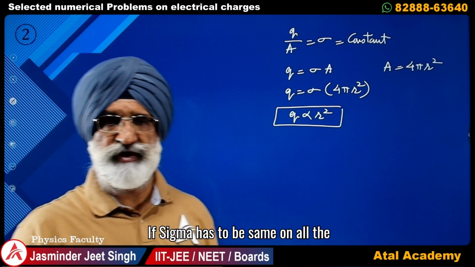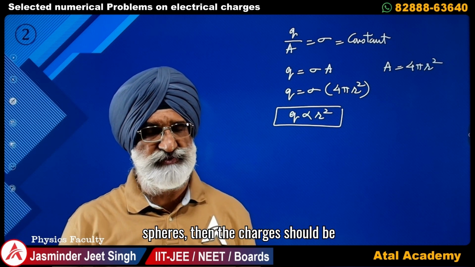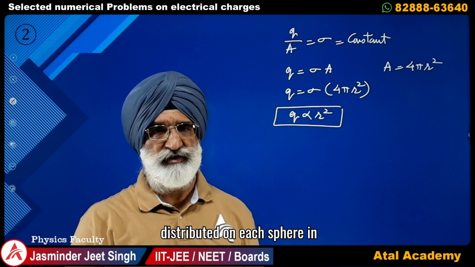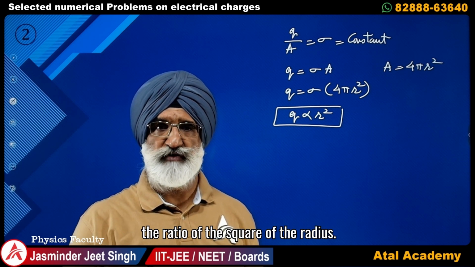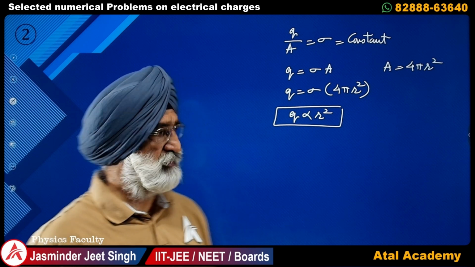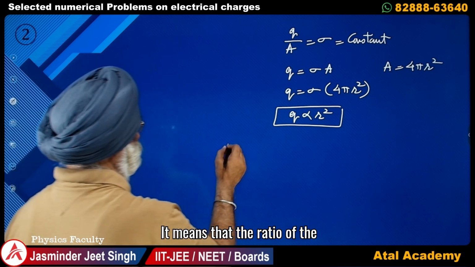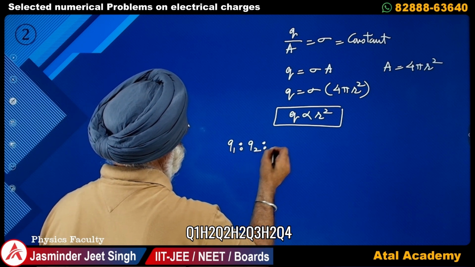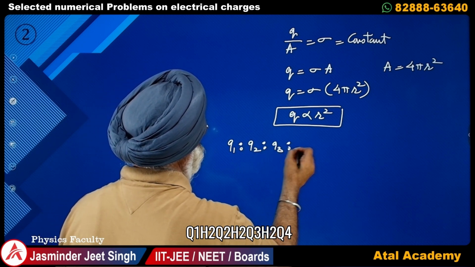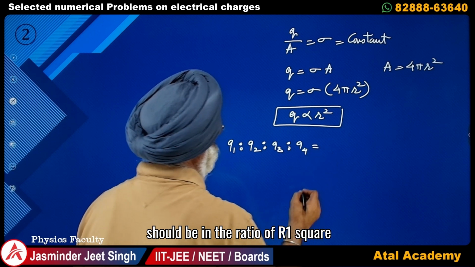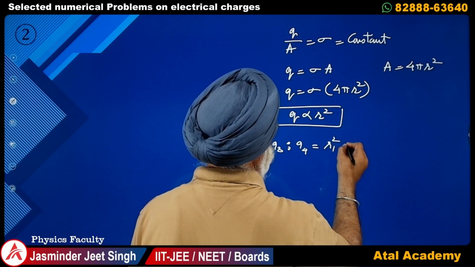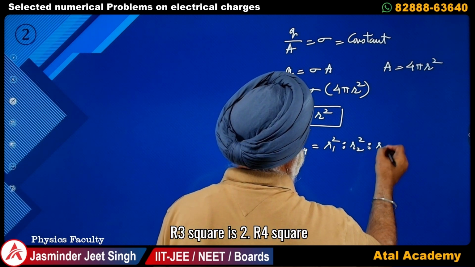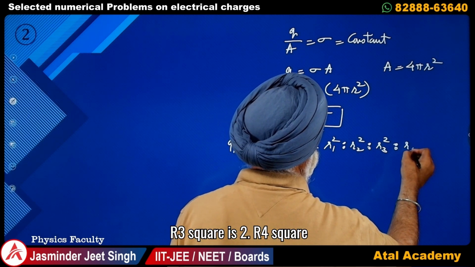If sigma has to be same on all the spheres, then the charges should be distributed on each sphere in the ratio of the square of the radius. It means that the ratio of the charges Q1 is to Q2 is to Q3 is to Q4 should be in the ratio of R1 square is to R2 square is to R3 square is to R4 square.